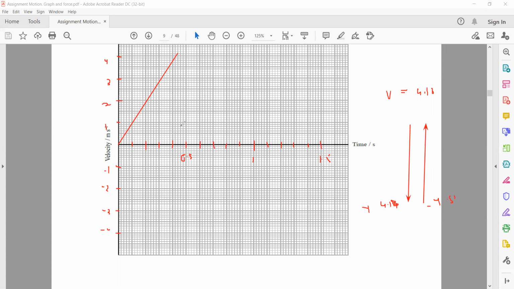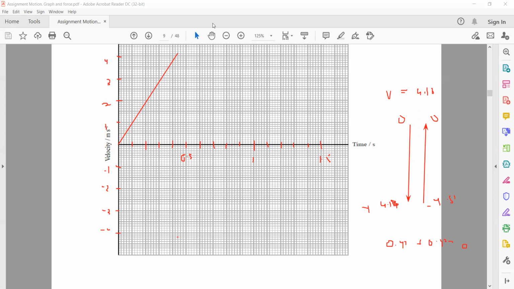So the same time interval, 0.42 second, it will be minus, and then it reaches 0 again, and 0.42 seconds plus the same 0.42 second it will take to return, so it will take 0.84 seconds. So at 0.84, this is 0.8, 0.82, 0.84.